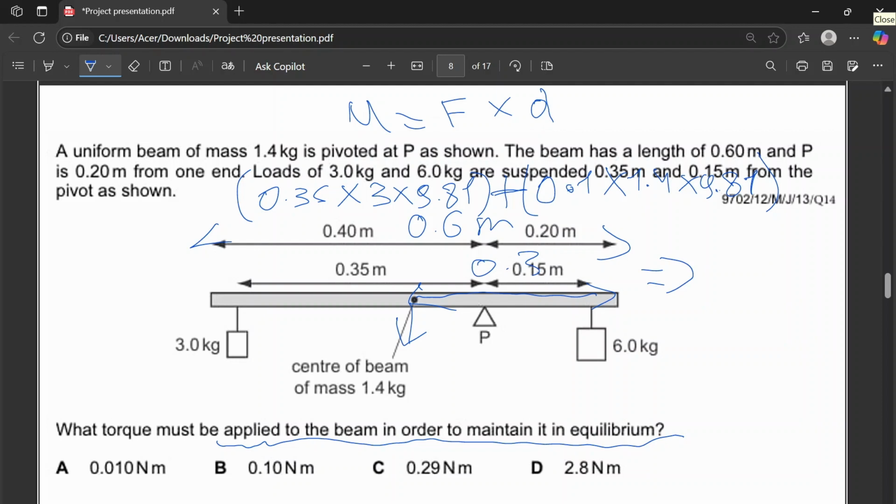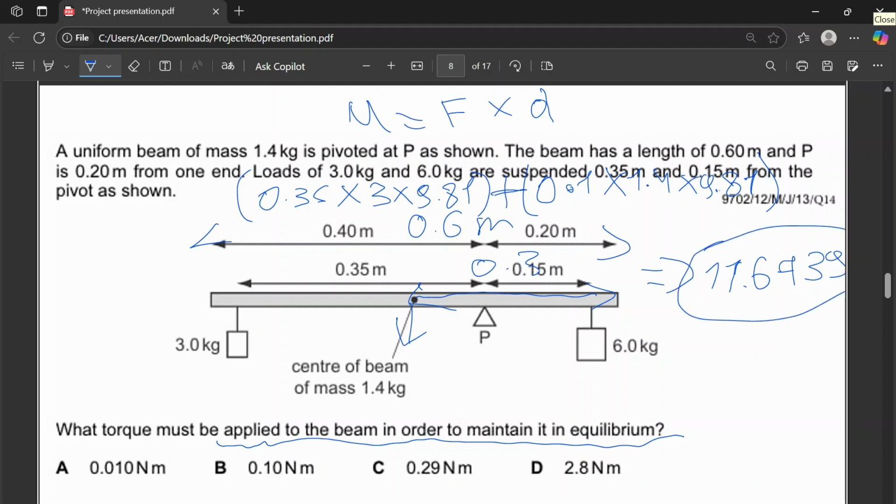So 0.35 times 3 times 9.81, plus 0.1 times 1.4 times 9.81. The answer is 11.6739. So one side of the beam is giving this much moment.